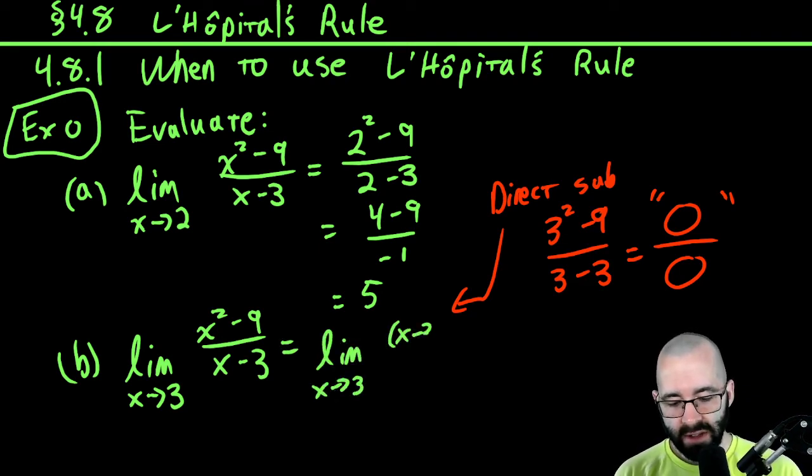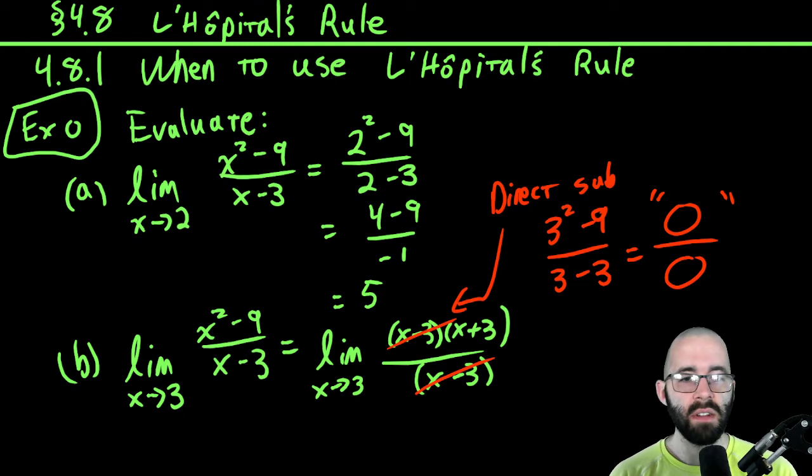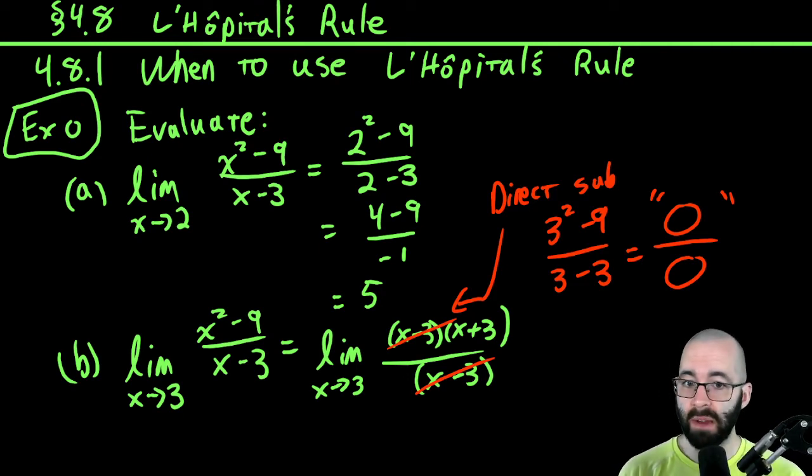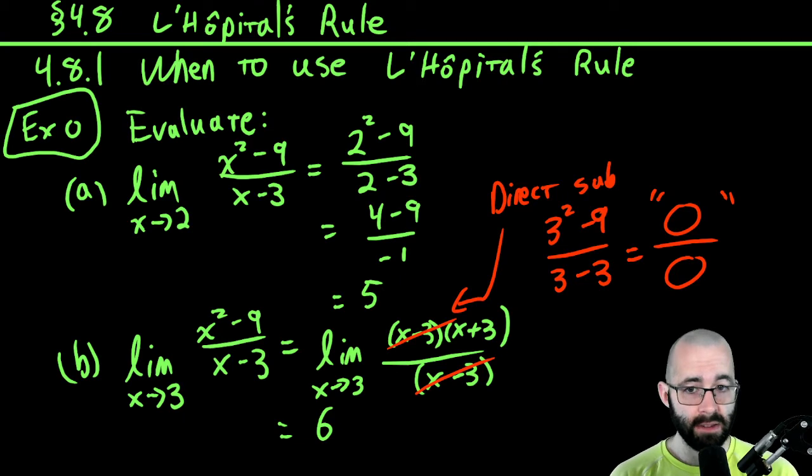We just would factor the top and say, oh, there was a removable discontinuity in this function, and this limit is the same thing as this limit. The functions aren't the same because they have different domains, but the limits are the same, and then we can use direct substitution on this new function and get that the limit is equal to 6.